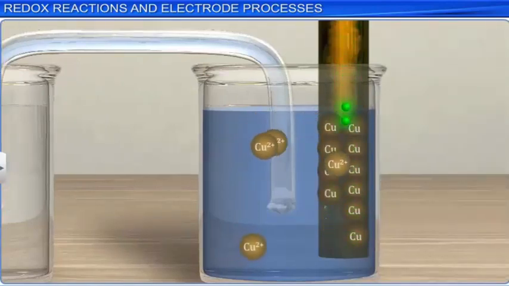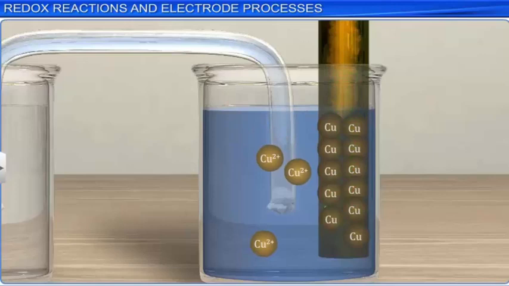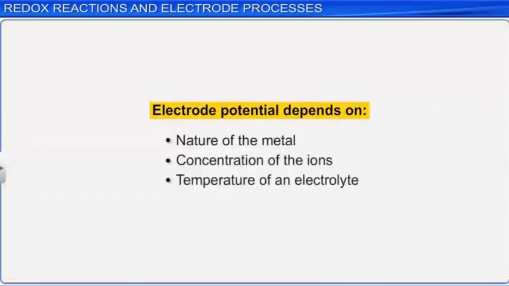The potential of any electrode, commonly known as electrode potential, is the potential difference between it and the electrolyte surrounding the electrode. The electrode potential of an electrode depends on the nature of the metal, concentration of the ions, and the temperature of the electrolyte.